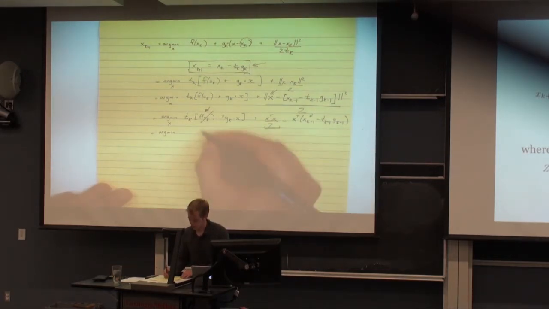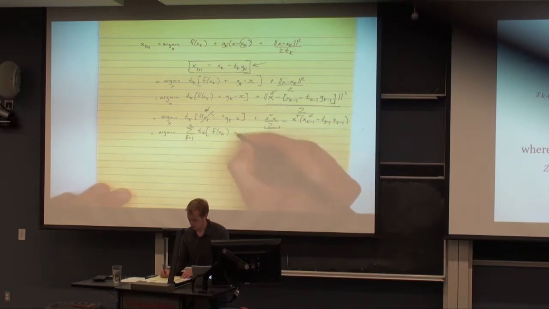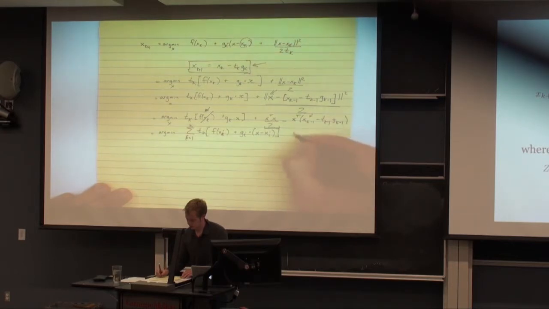So I can just sum over all the iterates, i to k, t_i times f_i plus g_i, oh, this is an i, so x minus x_i, plus this quadratic term. Everyone's okay with that? We didn't do anything too fancy.